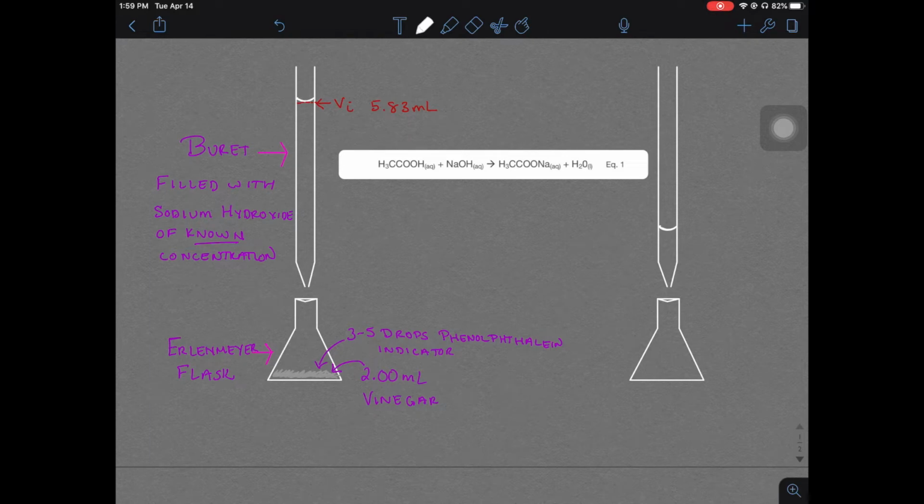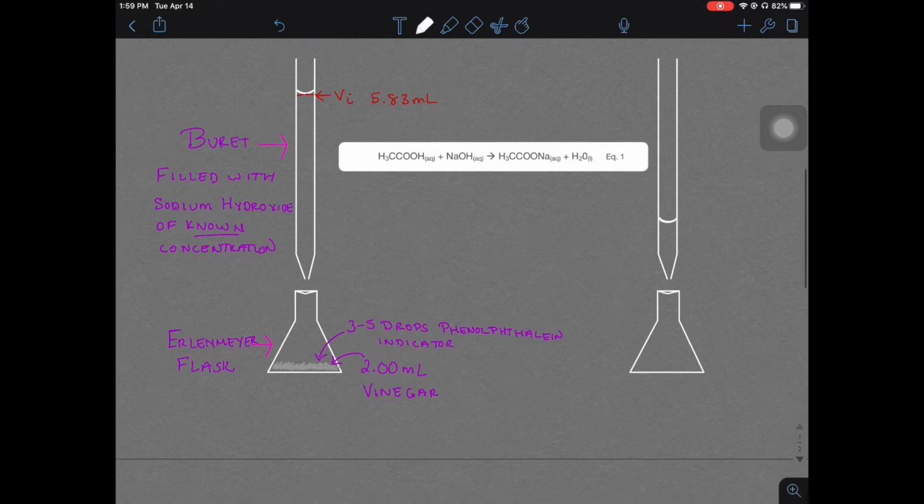So then we're going to start adding sodium hydroxide into our Erlenmeyer flask by opening up the stopcock on the burette, and we'll add it slowly. And what we're looking for is our solution to start to turn pink.